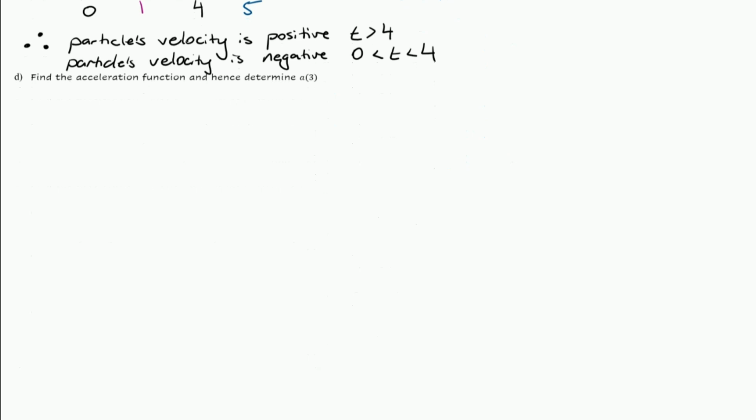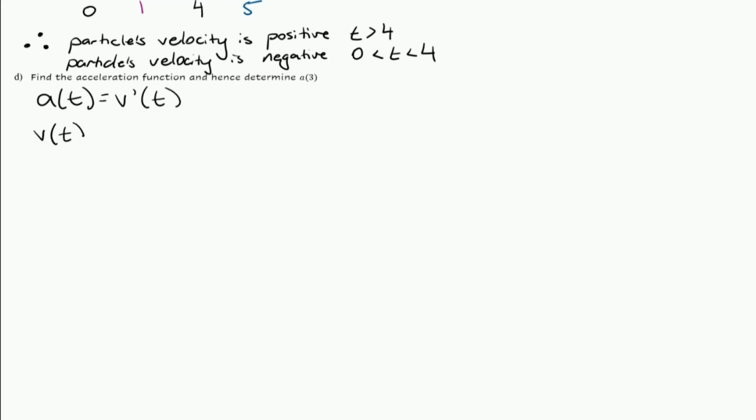So moving on to my last one, find the acceleration function and hence determine my acceleration at the point when t is equal to 3. So remembering from our notes that my acceleration function was actually equal to the derivative of my velocity function.